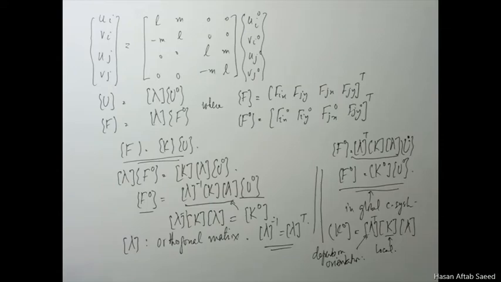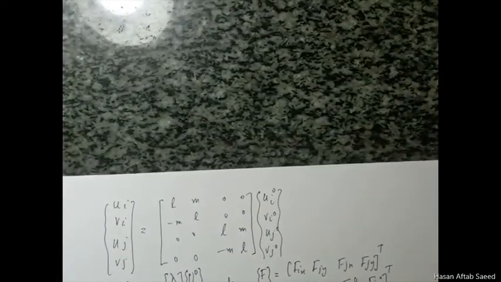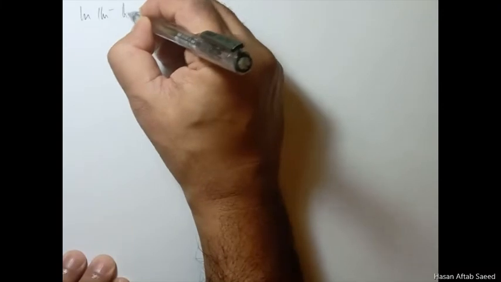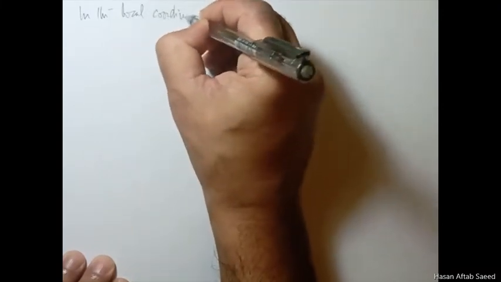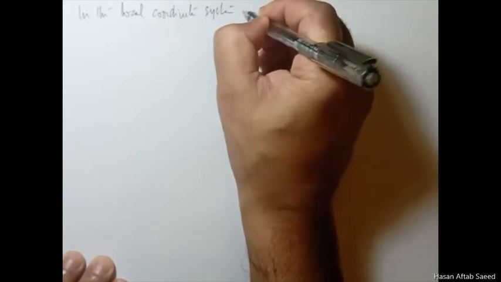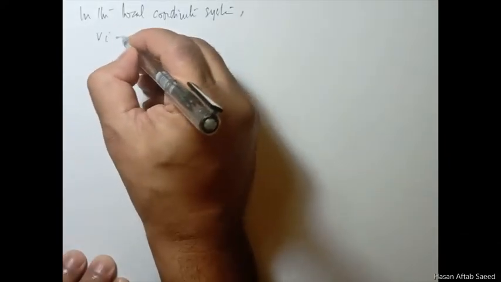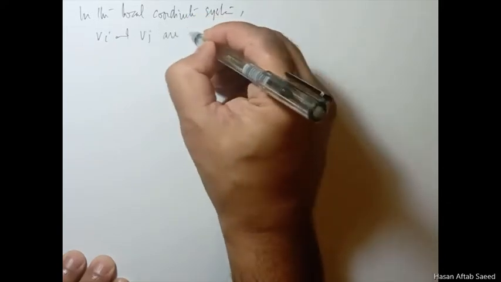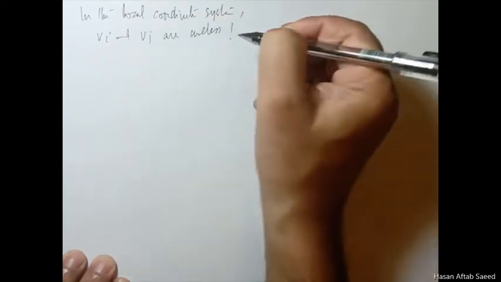Now there's just one more thing to do here, and then we can move on to our problems, and that is that it's very important to recall that in the local coordinate system, Vi and Vj are useless.